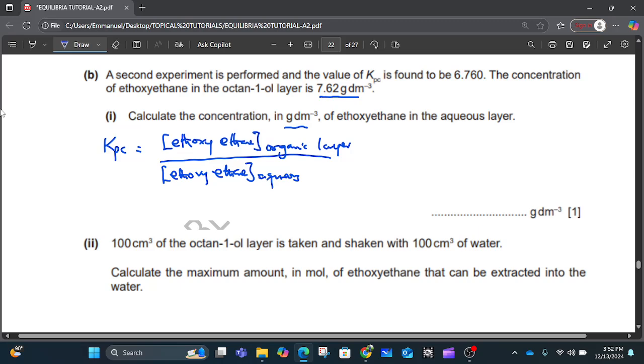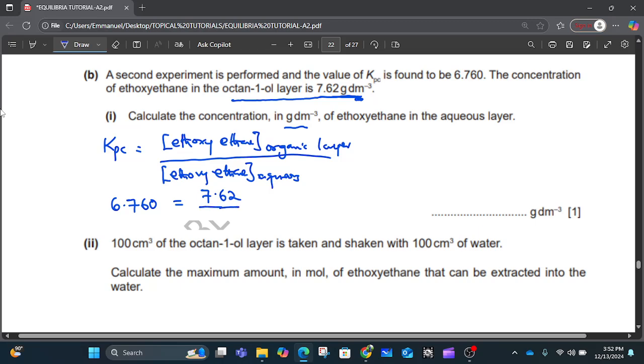The KPC value was given as 6.760 and the concentration of the ethoxyethane in the organic layer, which is octan-1-ol, is 7.62.